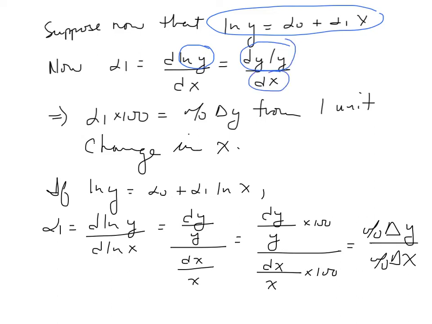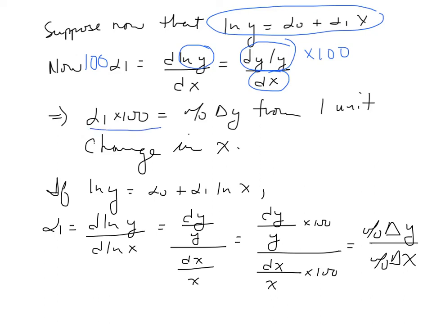And dy over y is almost a percent change, but it's in fraction form. So we can convert this into percent terms by multiplying the numerator by 100, but if I multiply the numerator by 100 here, I have to multiply alpha 1 by 100. And I end up with the following.